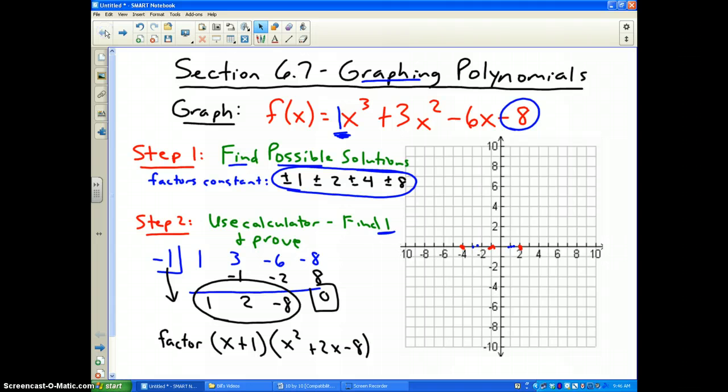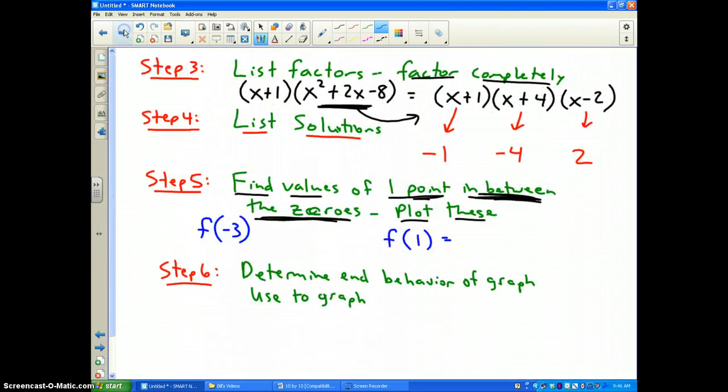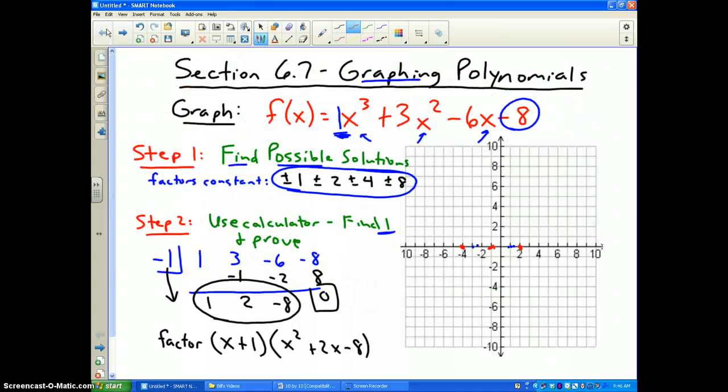So if I go back to our function and I plug -3 in for all the x's, I believe that if you do this on your calculator, you will find out that when x is -3, the value of the function is 10. So -3, 10 is another point that should be on my graph. Negative 3, oh, we're way up here. Negative 3, 10 is on my graph.